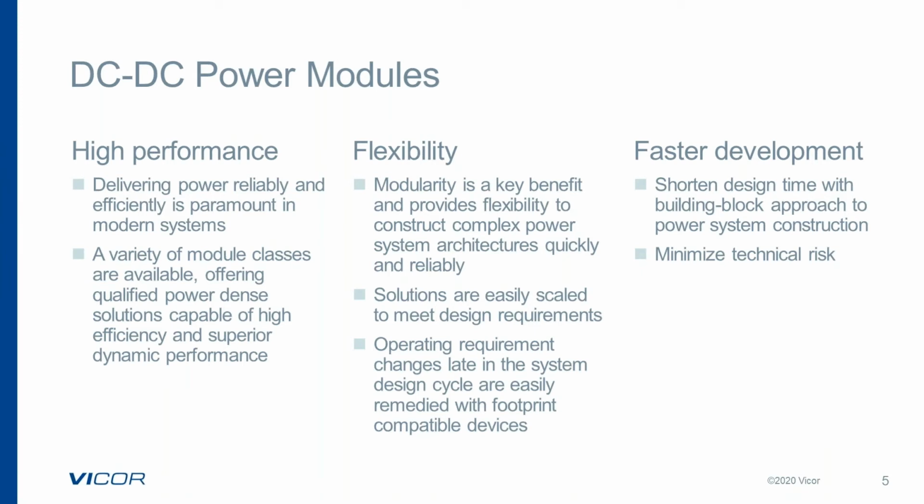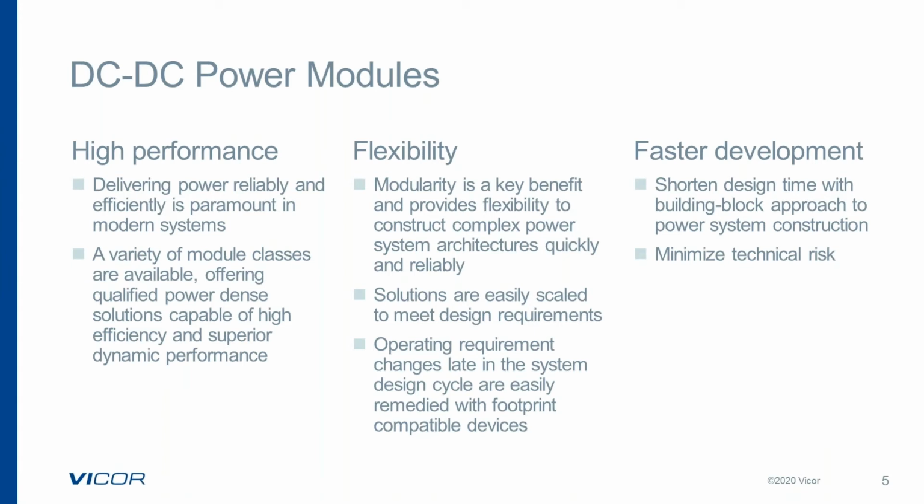So having a small, power dense, and very efficient converter gives you a high level of flexibility when designing this power system. You can configure the power system in a very unique space. You may have an L-shaped configuration versus a rectangular configuration, or they can be chassis mounted. Using this modular system gives you that flexibility to configure your power system.